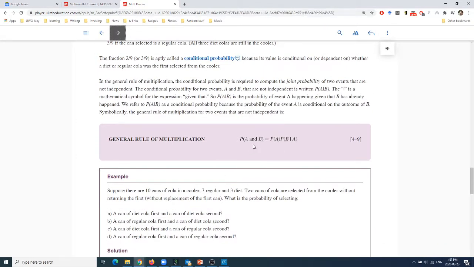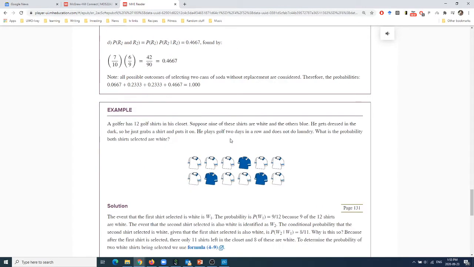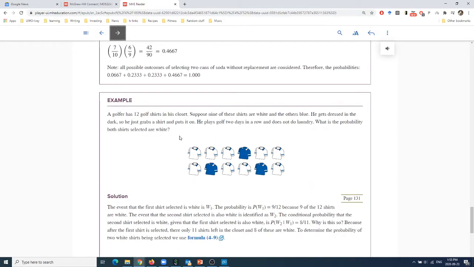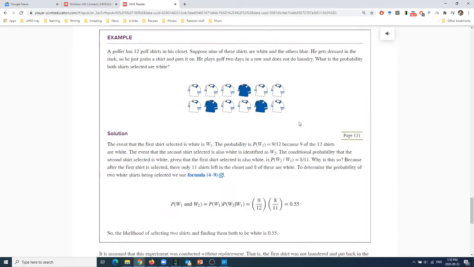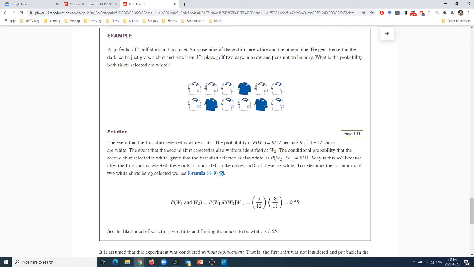Okay, so what does this conditional mean? Let's take a look at an example. A golfer has 12 golf t-shirts in his closet, and 9 of them are white and 3 of them are blue. He grabs a t-shirt in the dark, and he plays golf 2 days in a row.